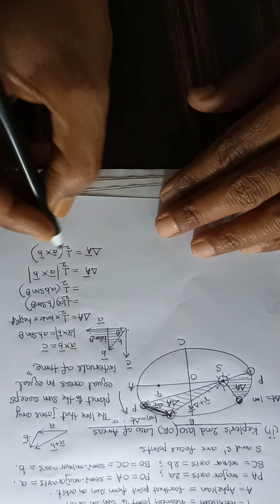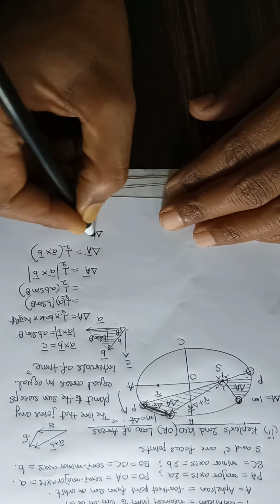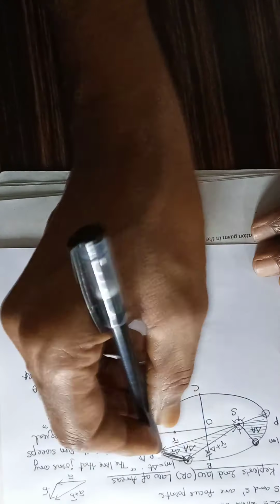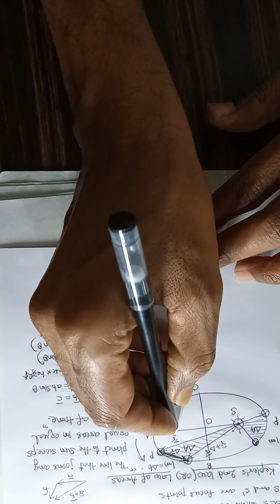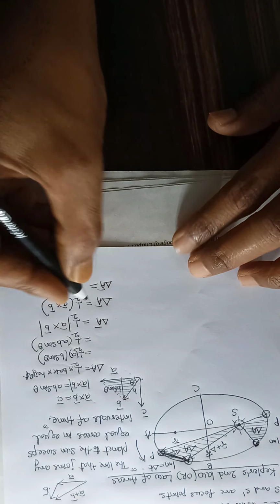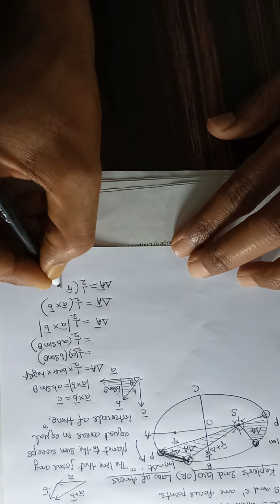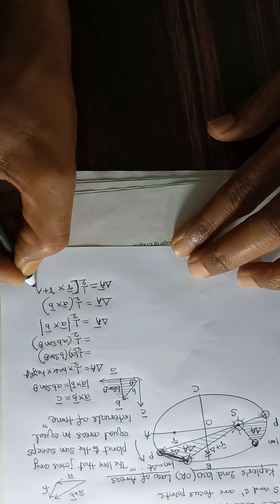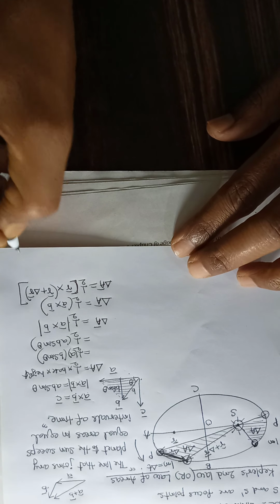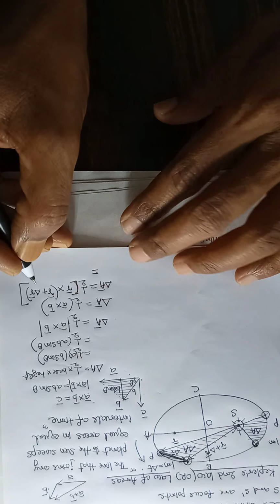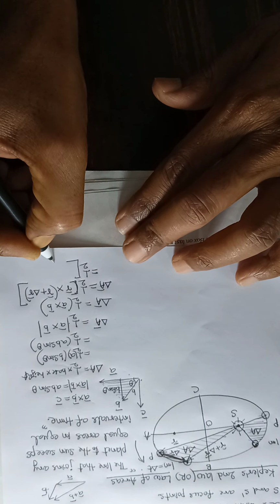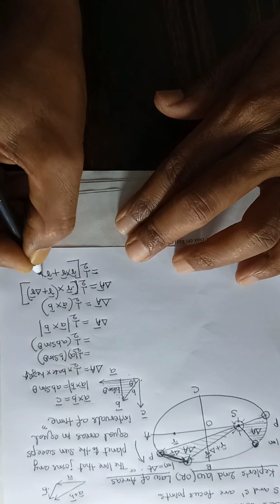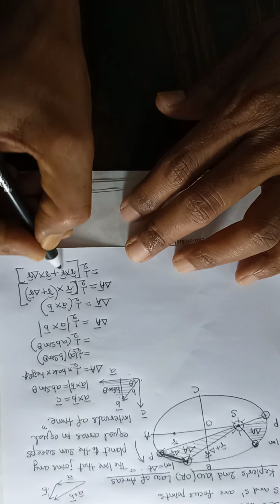Now considering our diagram, for our triangle, the adjacent sides are R and R plus delta R. Now by the distributive law, R cross R plus R cross delta R. But R cross R is 0.